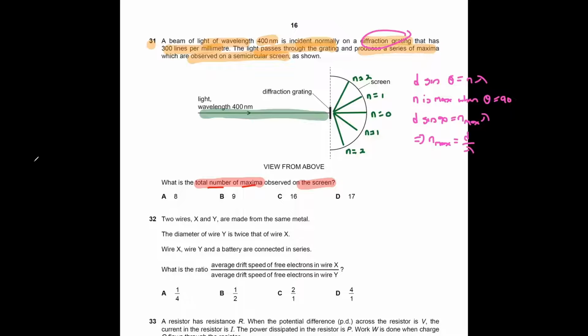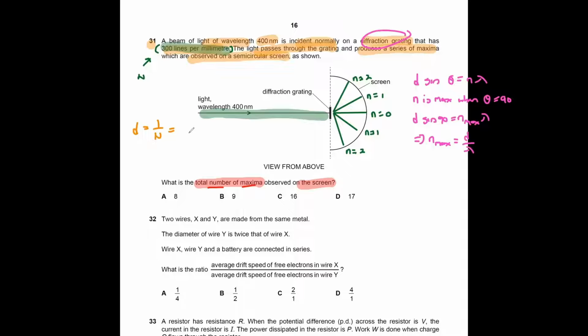Okay, but before you can go through that, you need to find out the value of d. The value of d is not given here. They merely gave you this information where they say that your diffraction grating is 300 lines per millimeter. This is actually n, number of lines per unit length. Okay, the relation between d and n is this, where you say d is 1 over n.